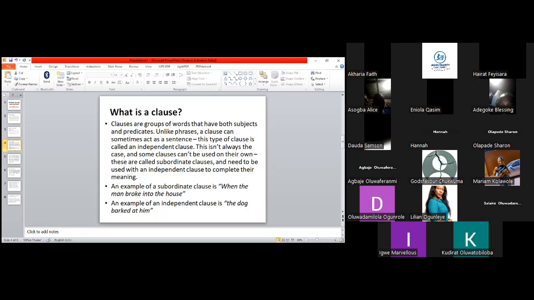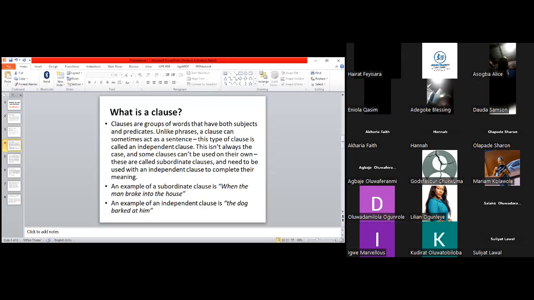There are some clauses that cannot be used as sentences. So that is why we have to be careful when we try to generalize that all clauses are sentences. No. We can use a clause as a sentence in some circumstances, but not all clauses can be used as sentences.